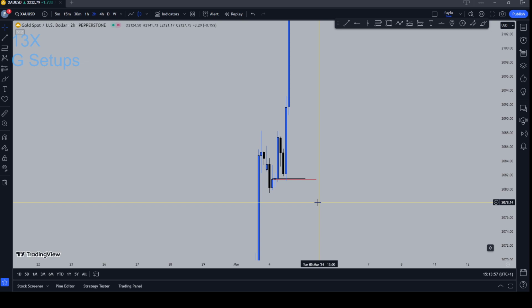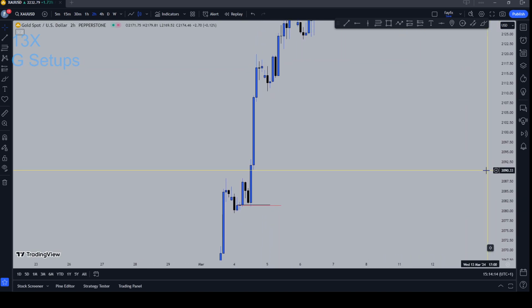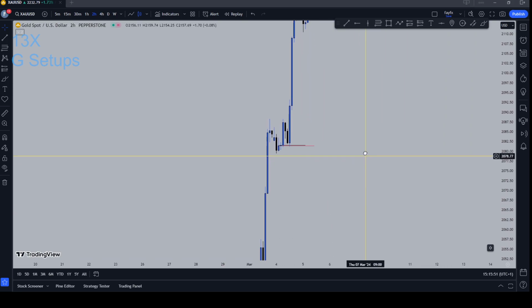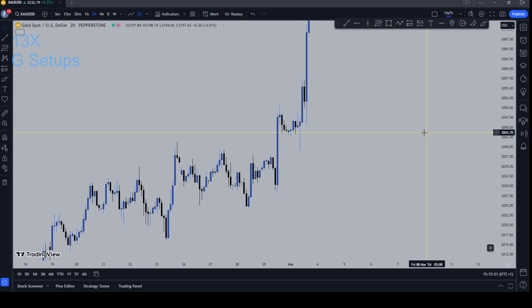This is amazing. Look how price came down to that level, a bullish gap CC below the main gap, then flies all the way up. It's amazing. Let's see another example.